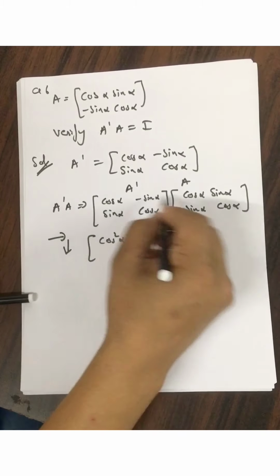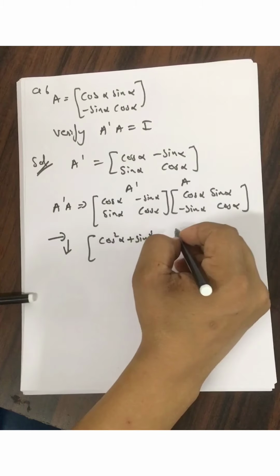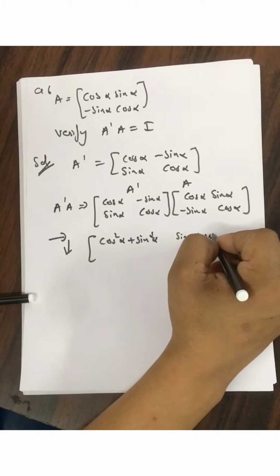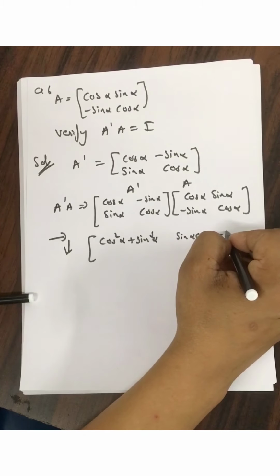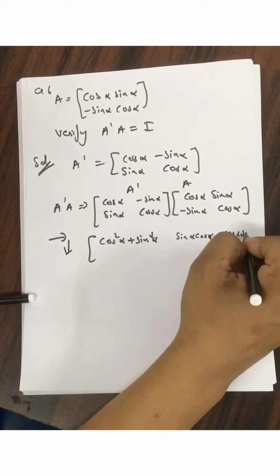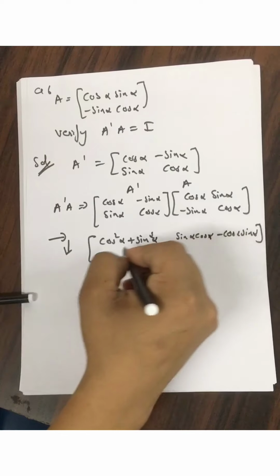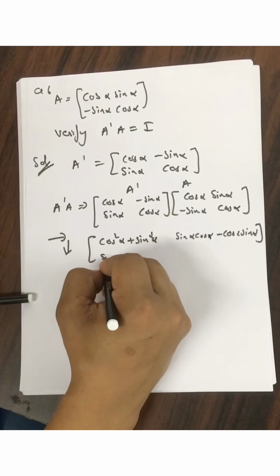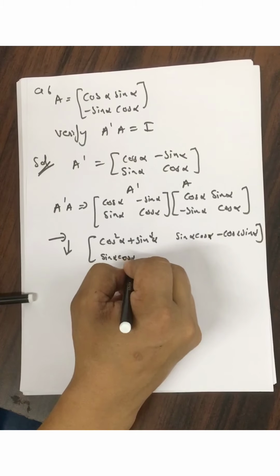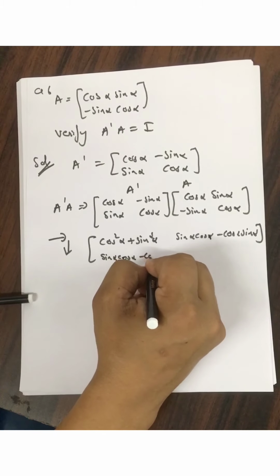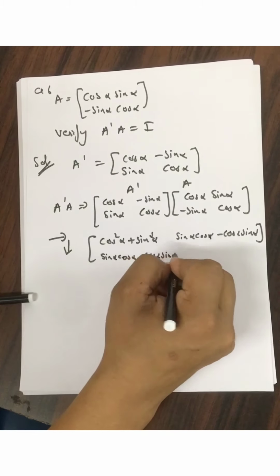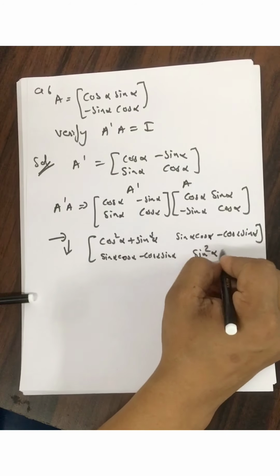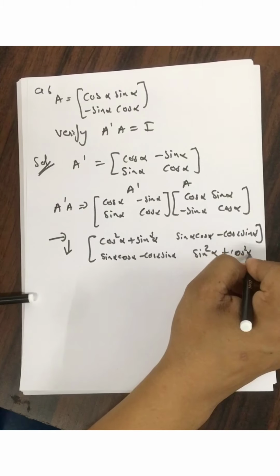Now this into this, sin alpha cos alpha minus cos alpha sin alpha. This will become what? This you multiply by this, sin alpha cos alpha minus cos alpha sin alpha, and this will become sin square alpha plus cos square alpha.